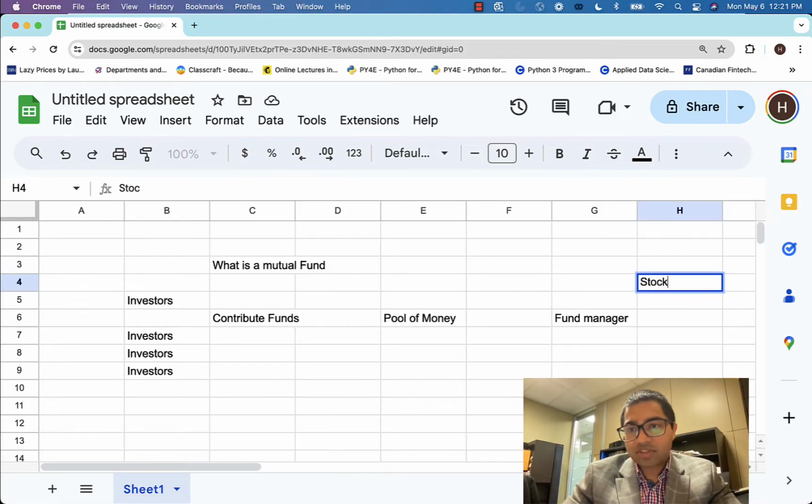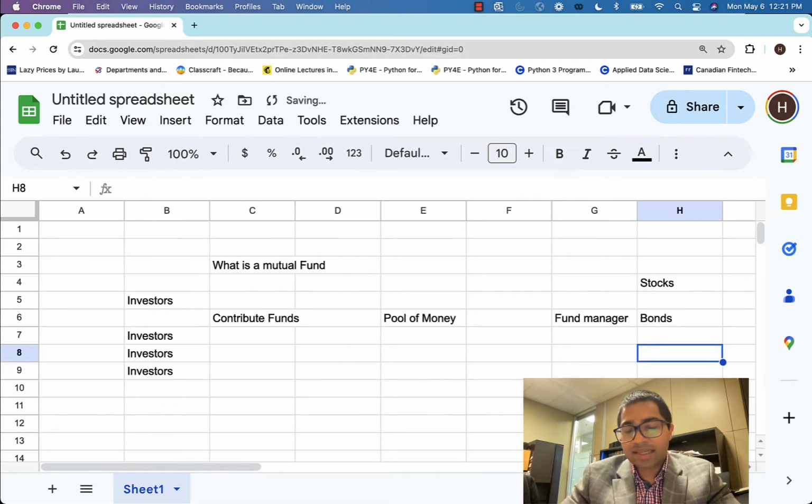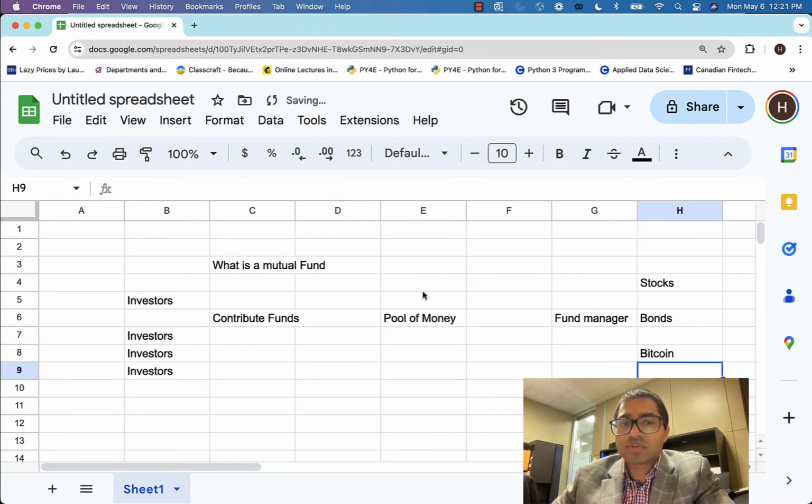For example, stocks, bonds, and then it could even be relatively new ones like Bitcoin and stuff. They invest in those things.